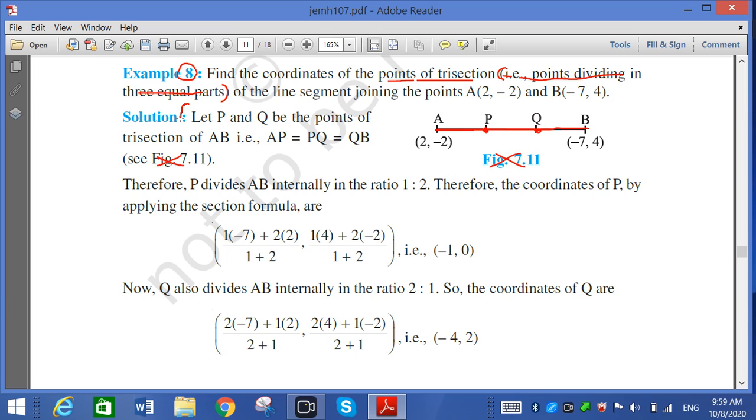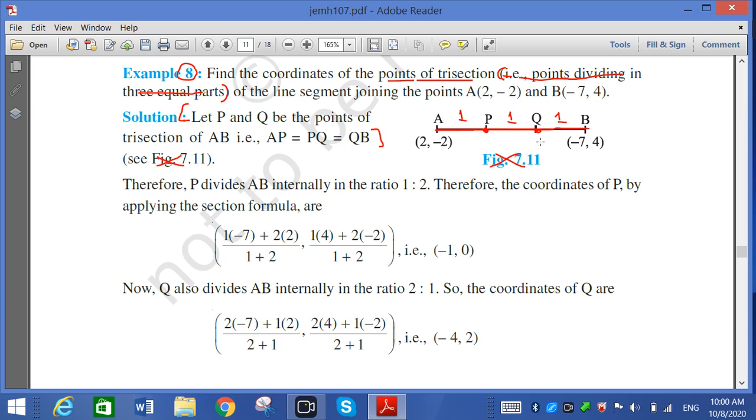So here we write: let P and Q be the points of trisection of AB, that is AP = PQ = QB. Now all are equal, so we can take 1 here, again 1, again 1, because all are equal. So there are 3 parts.